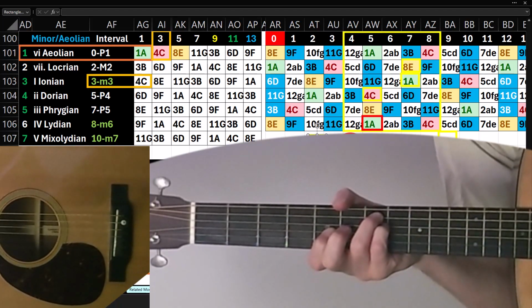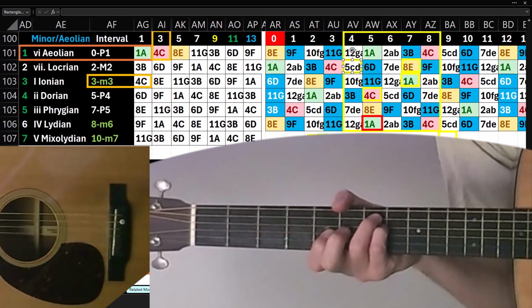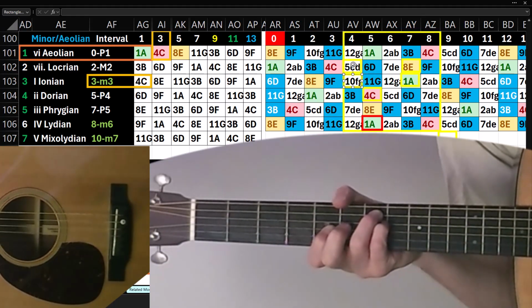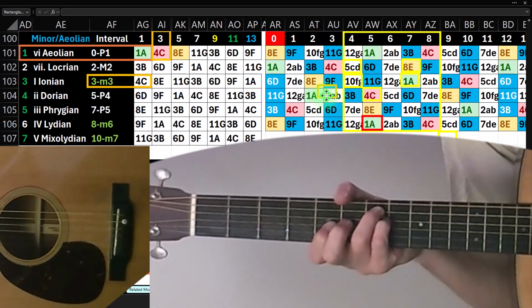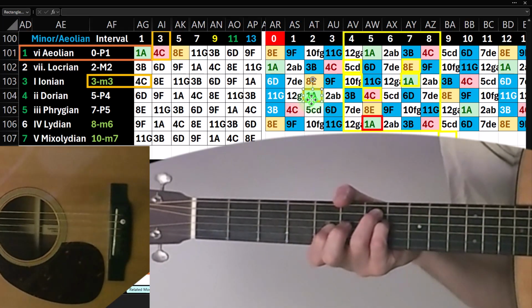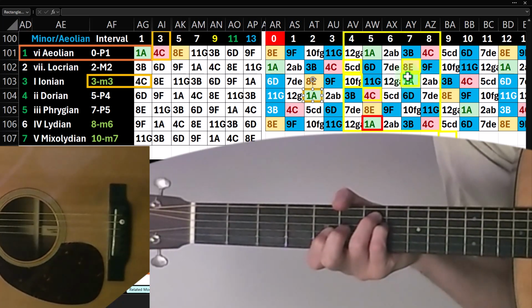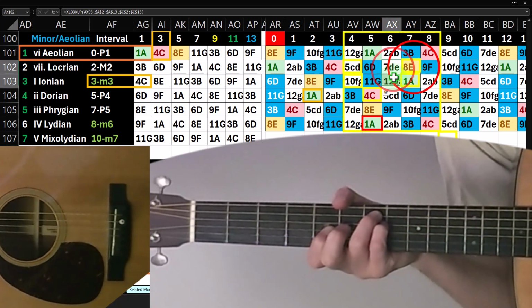So what if I just say this is my destination, but I'm going to walk up chromatically from like here and use the same shape, which totally doesn't fit in the key because these two notes don't fit, but I'm going to walk up home going half step, half step, half step.